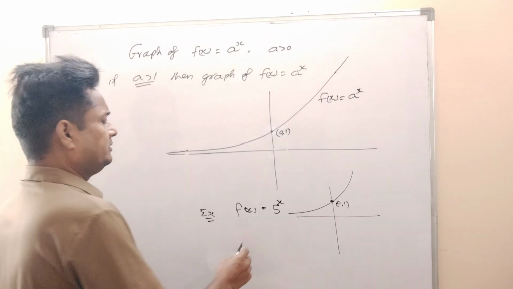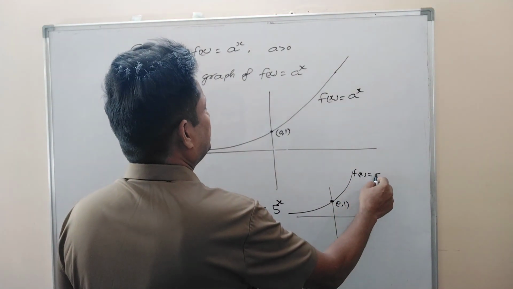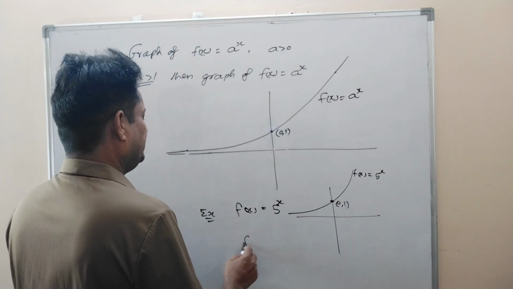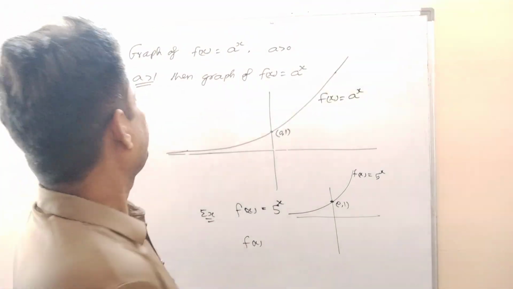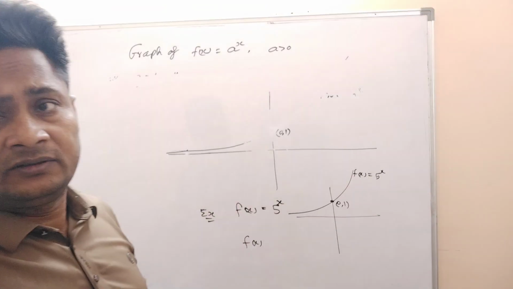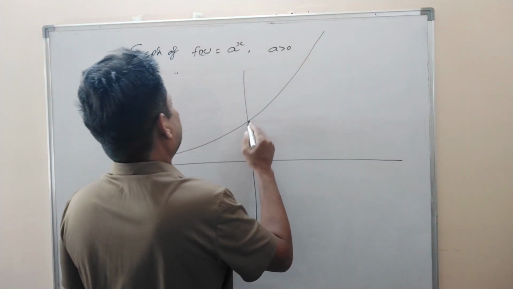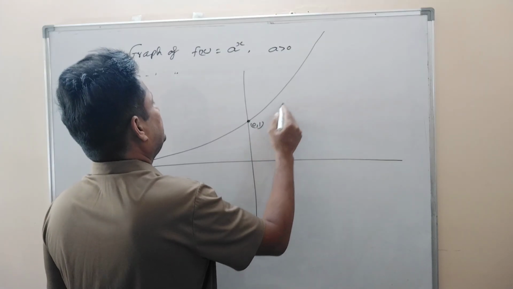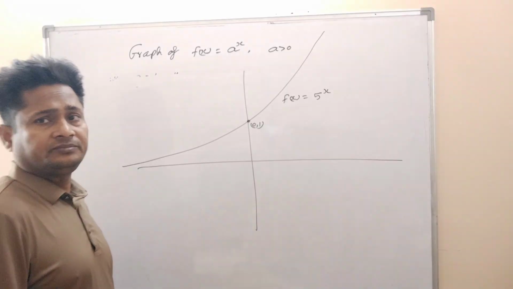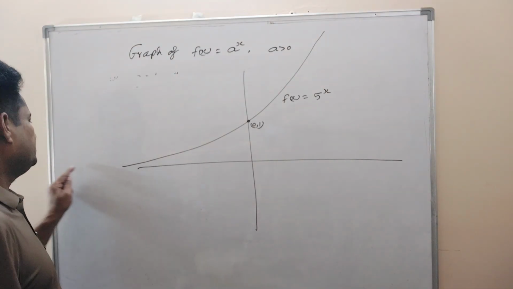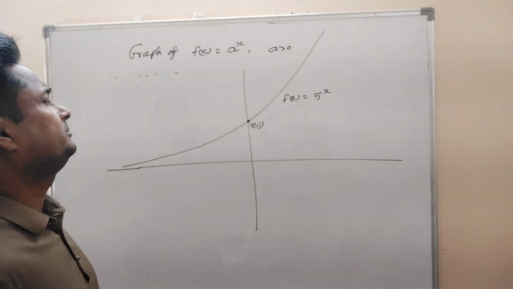This is the graph of f(x) = 5 to the power x. This is (0, 1). It will go close to 0 at minus infinity.